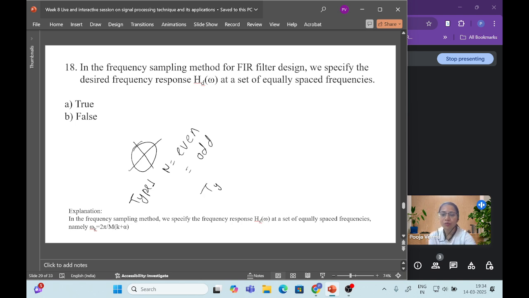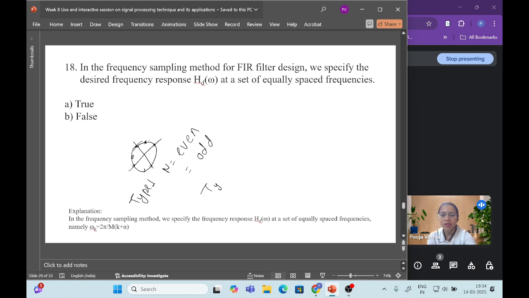So from there the question is, in the frequency sampling method for a FIR filter, we specify the desired frequency response HD of omega at a set of equally spaced frequencies. So it is true or false. So already we know that we have seen the frequency, that is we are moving from one place to another, so it is equally spaced, right? Whether it is even or odd, it is divided by equally spaced.